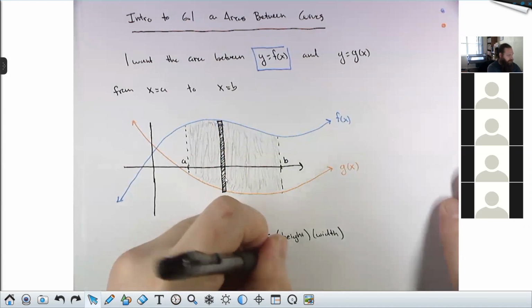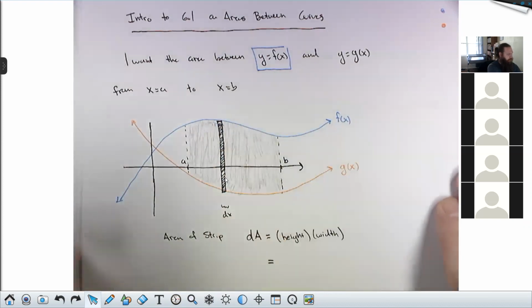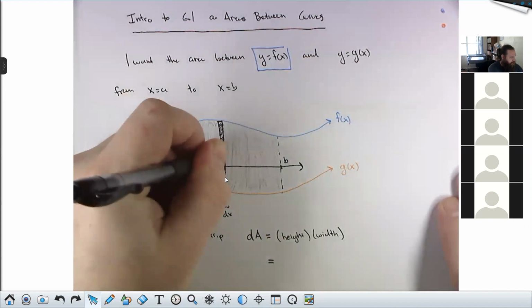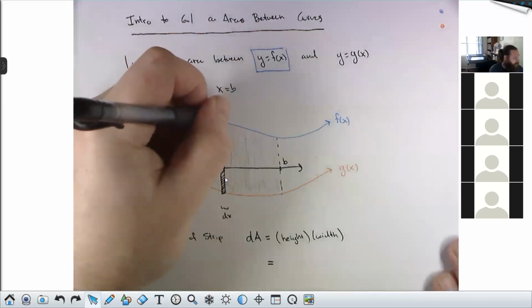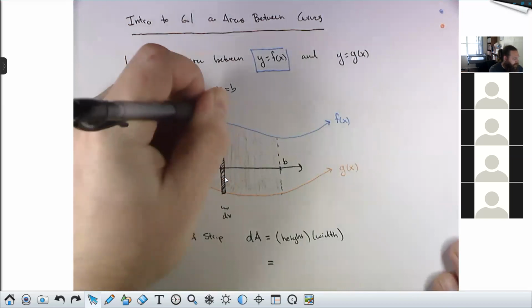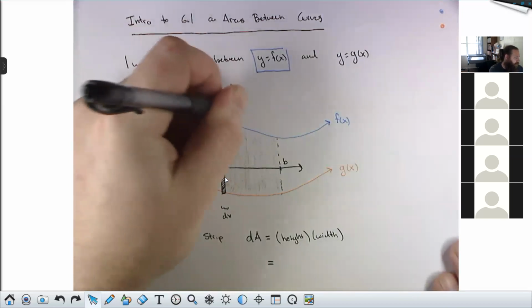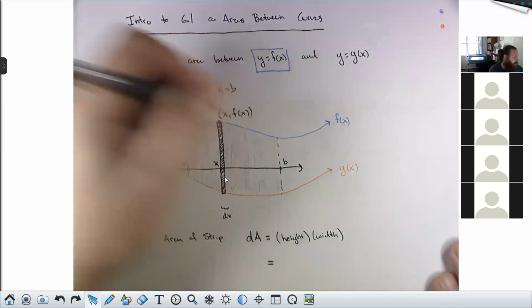But what's the height? If this is at some x value, we'll just call it x. Well, what's the point up here? If I'm along the blue curve, f of x at x, then this is the point x comma f of x.